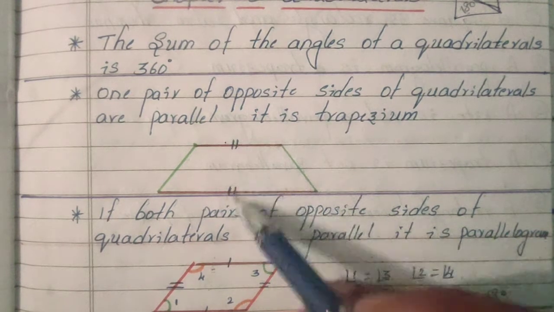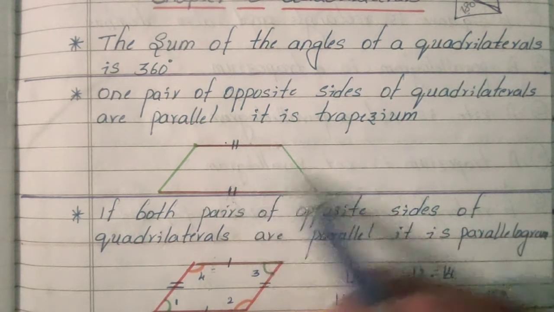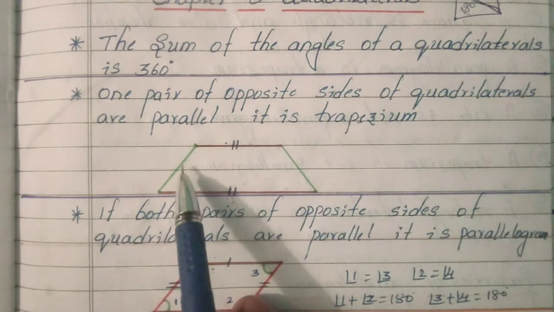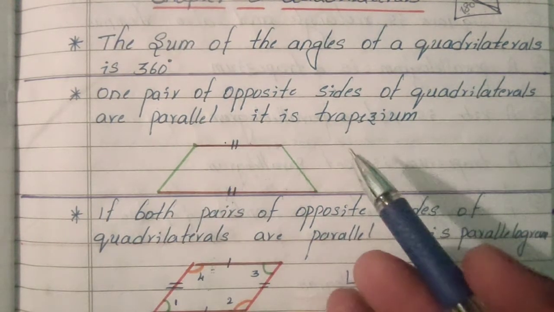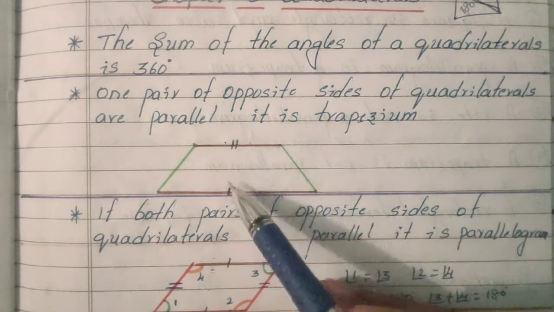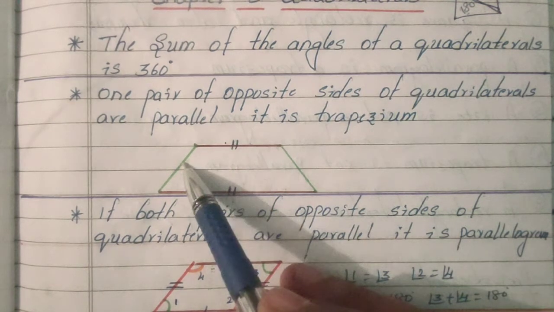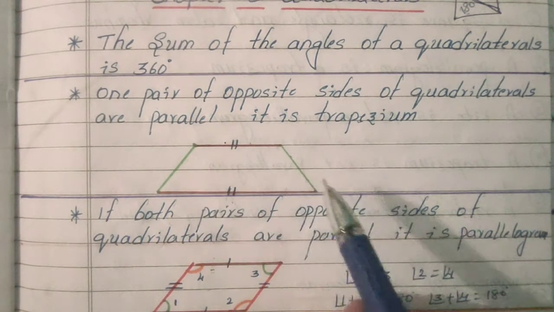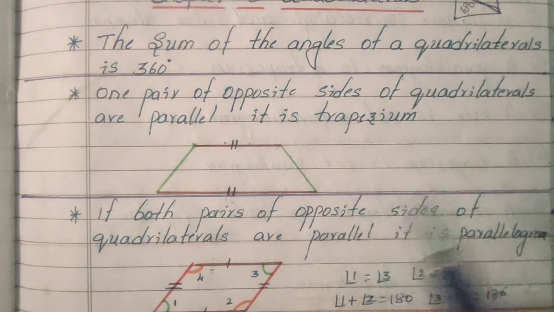Here one pair of opposite sides is parallel, so it is a trapezium. There is also the isosceles trapezium. In that, one pair of opposite sides is parallel and the other pair of opposite sides is equal, then it is an isosceles trapezium.